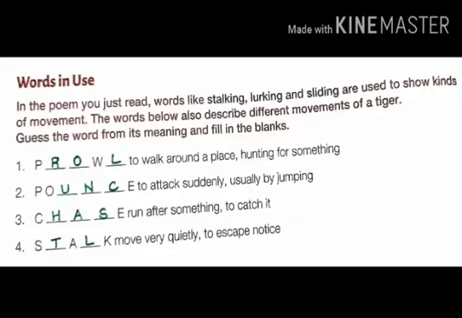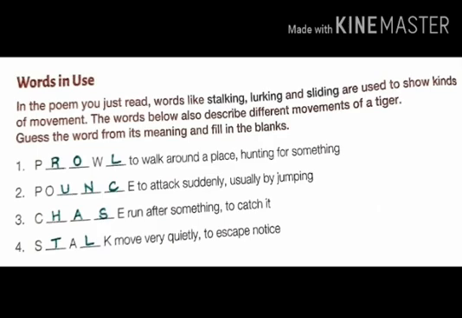Words in use. In the poem you just read, words like stalking, lurking and sliding are used to show the kinds of movement. The words below also describe the different movements of a tiger. Guess the word from its meaning and fill in the blanks. Number 1.